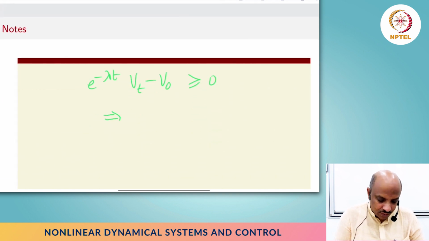So that shows V of t is greater than or equal to e power lambda t times V0.